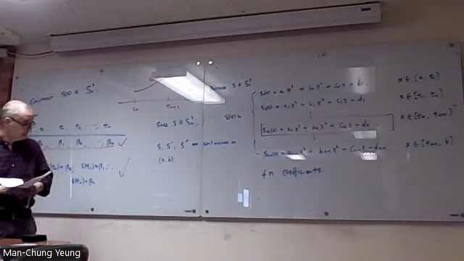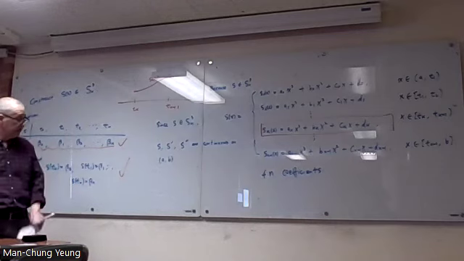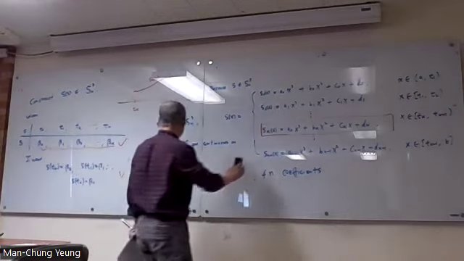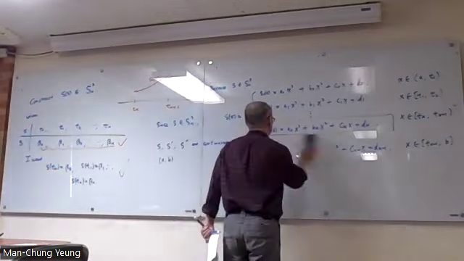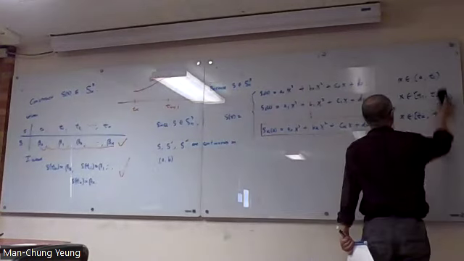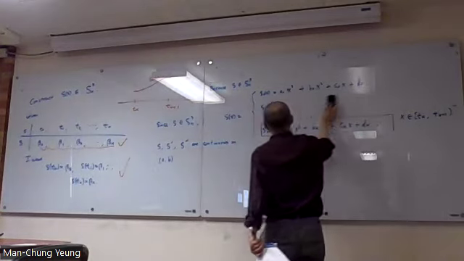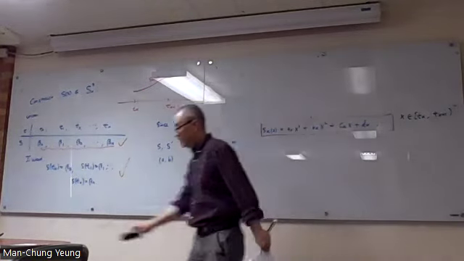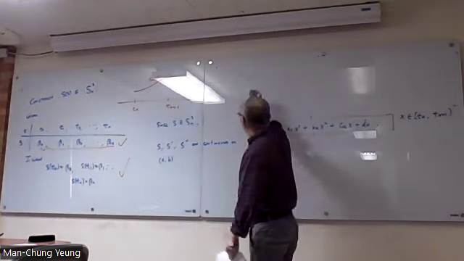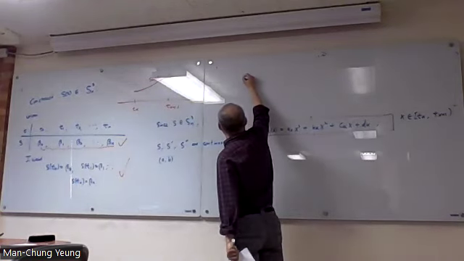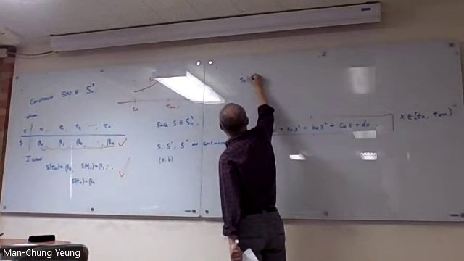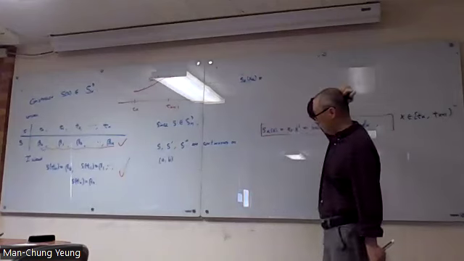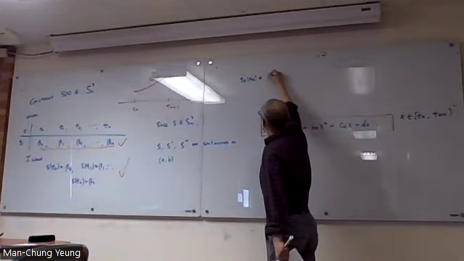Let me erase here, just keep this. So we have Sk at tk is equal to beta k, right?